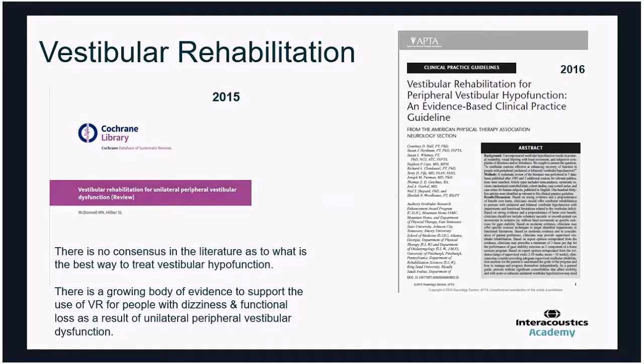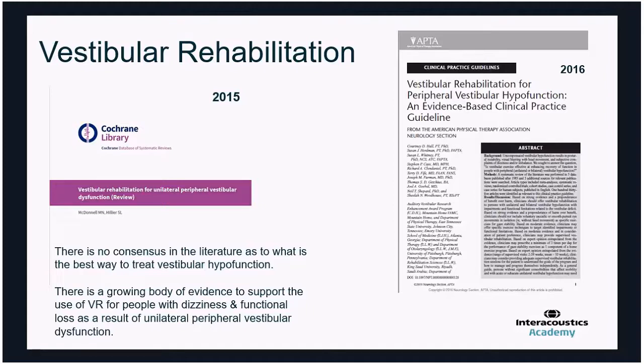However, there is really no consensus within that literature as to what is the best way to treat vestibular hypofunction. There are methods proposed through, as we've already said, gaze stability, movement desensitization, postural control exercises. However, the consensus doesn't actually sit within the literature as to if you have a patient that presents with this particular pattern, this is the treatment option for them.